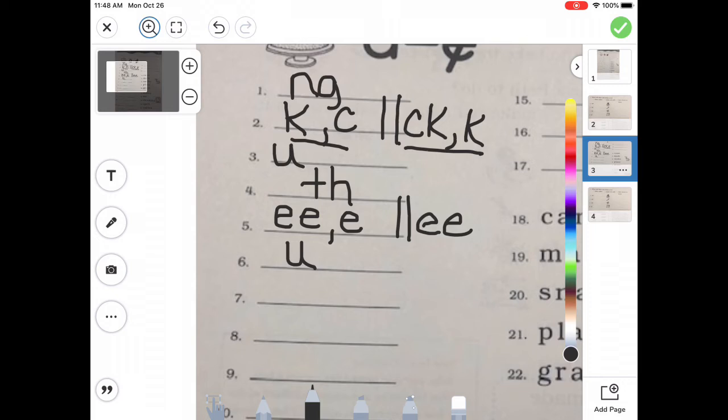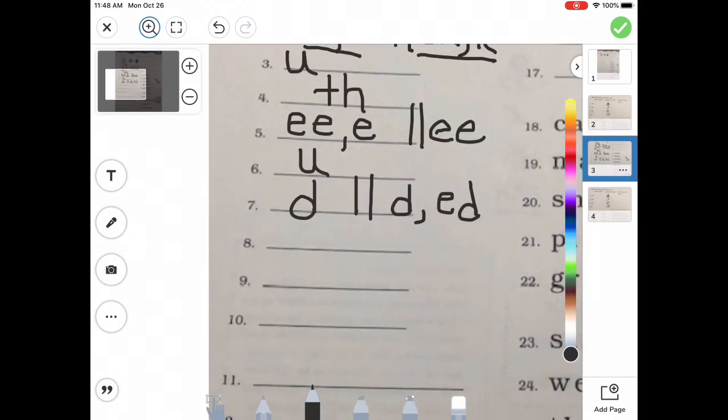U. Very long U so far. All right, the D. That's right. We have D, or we have ending D, or comma that ED. Good job. Those are all ways that we can make the D when we're spelling. How about W? W. That's right.